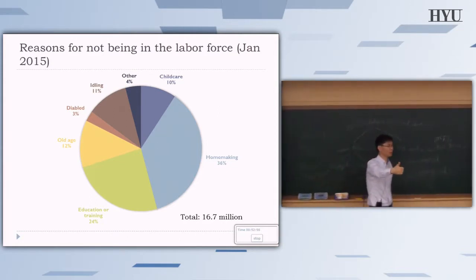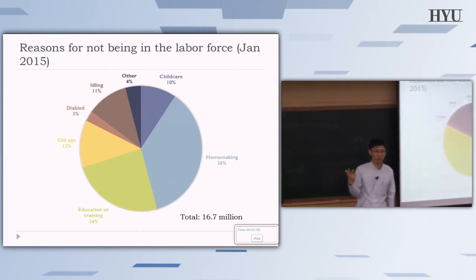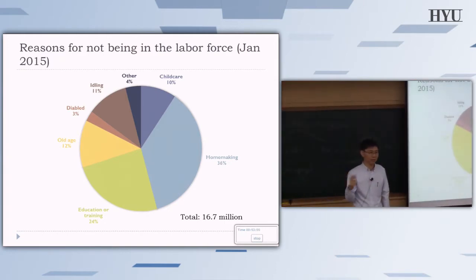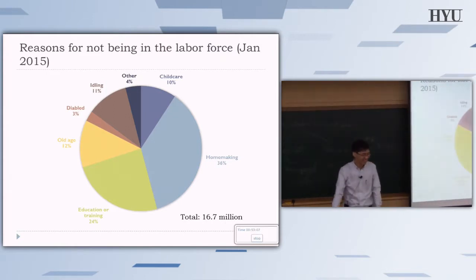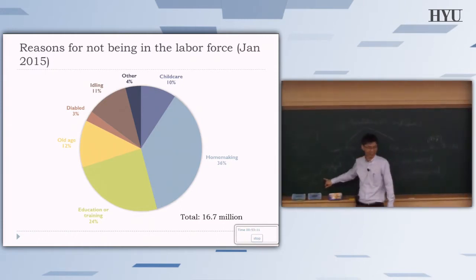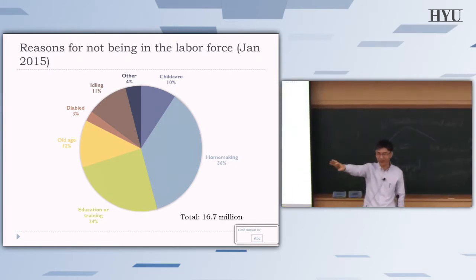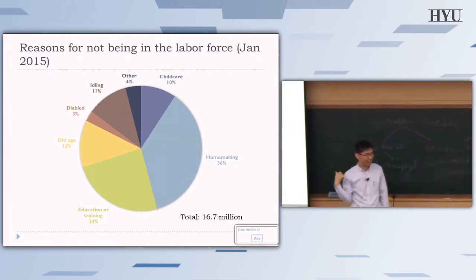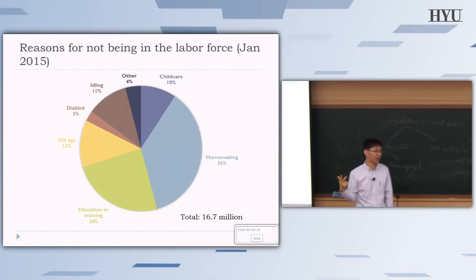Not in employment, education, or training. We use this for young people. We don't call our grandparents NEET. These grandparents are obviously not in employment, education, or training, but we don't call them NEET. We call young people who are not in employment, education, or training NEET.